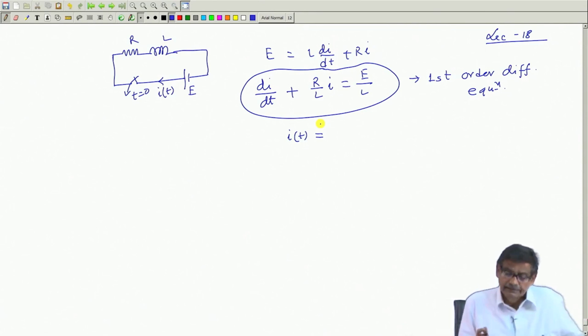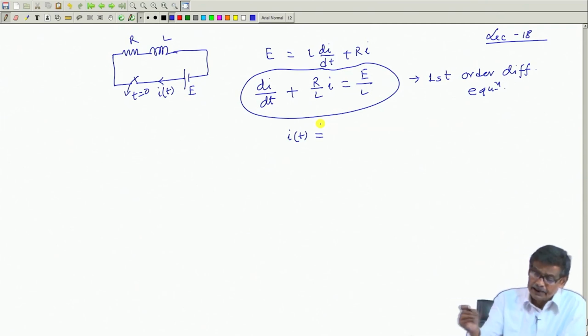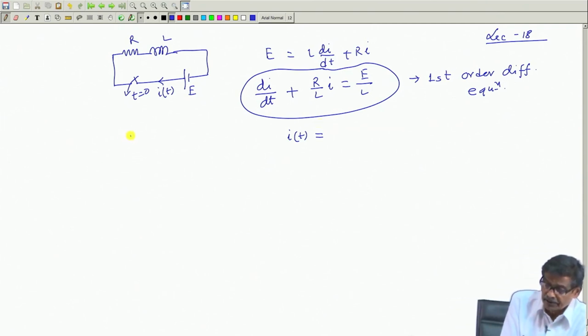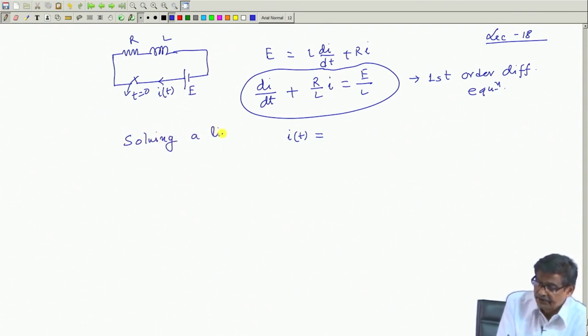So, first, let us take a linear differential equation.